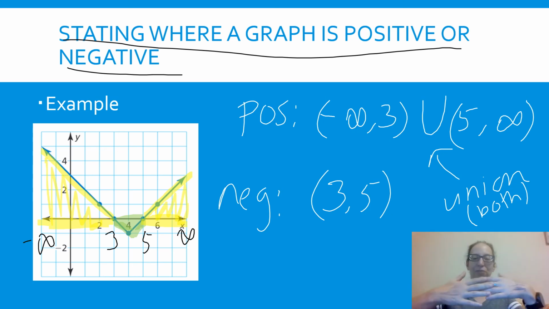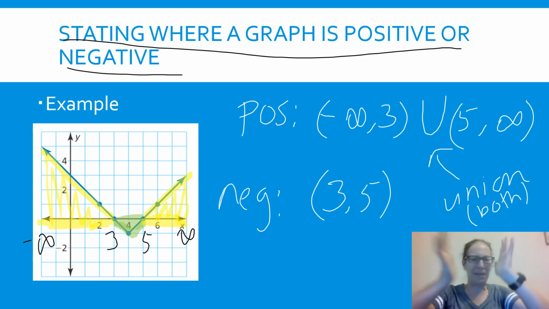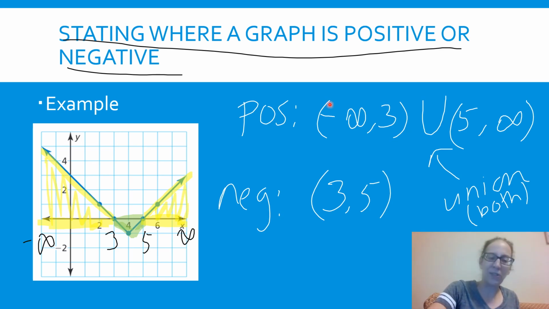Instead of two separate families, because of this marriage, now you have one bigger, and we hope happy, but sometimes not, family, because now we have lots and lots of in-laws. So think of union as being both, and what you're saying when you use that symbol is it is this chunk and also this, like both of these are where the graph is positive.